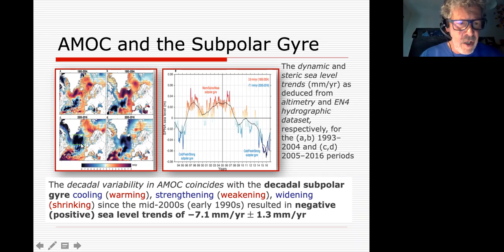There are two different data sets, one obtained by satellite, the other from observation, averaged over two periods, the same for the two data sets: one in 1993-2004, the other 2005-2060.